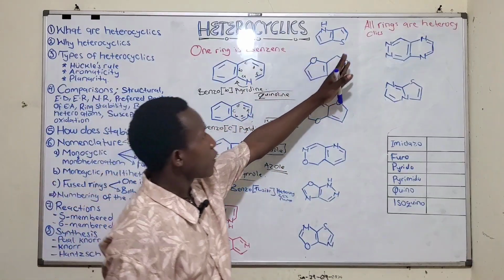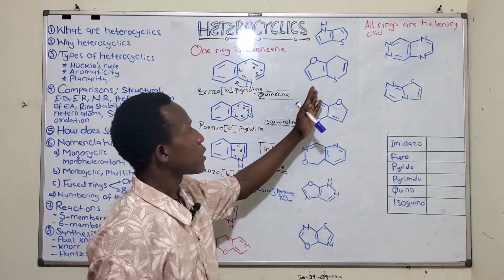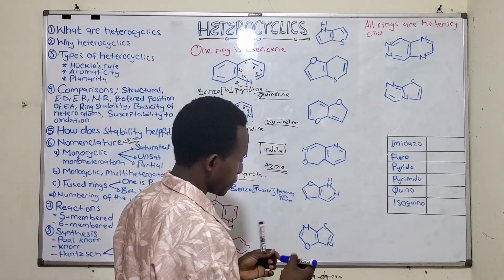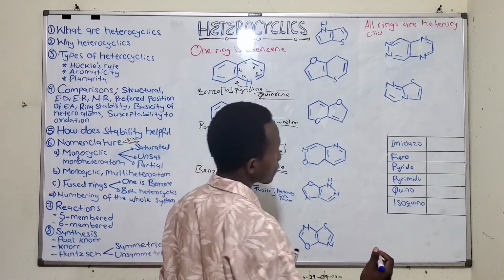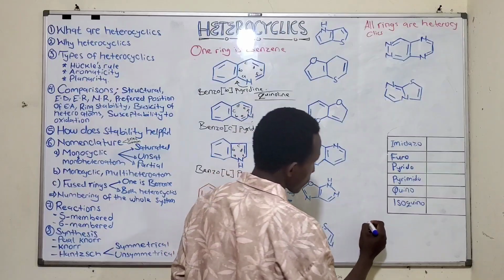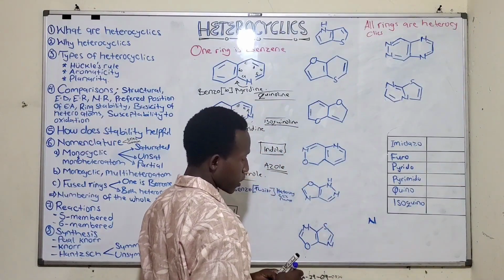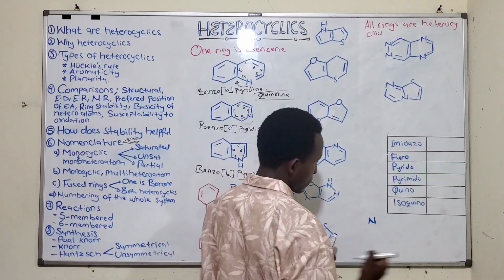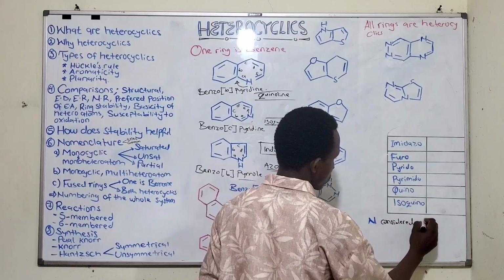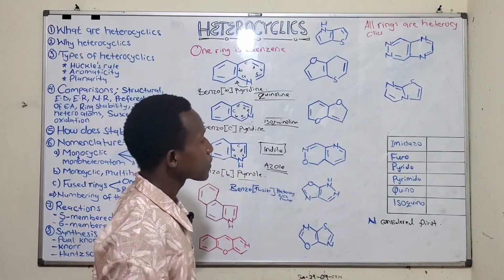Now, we have this side. We have heterocyclics where both rings are heterocyclics. What are the rules? One, if you have a ring containing nitrogen, it is considered first. So you choose one ring to be a parent ring.